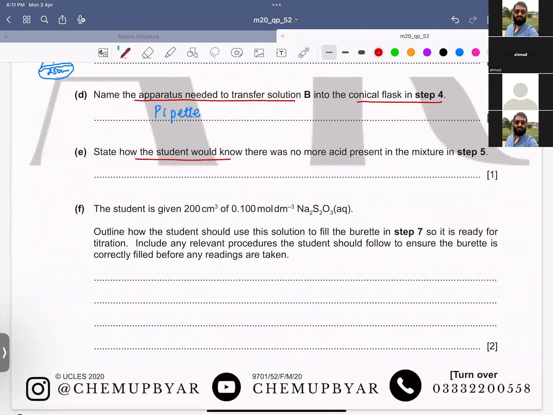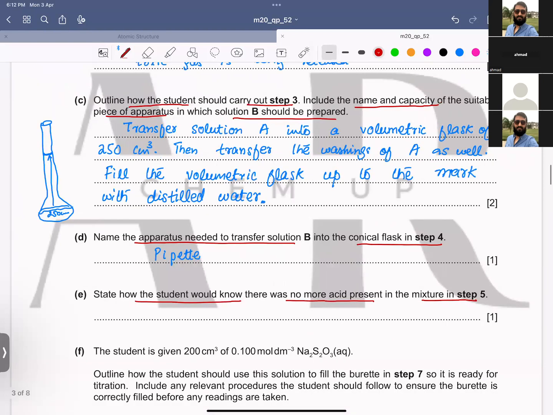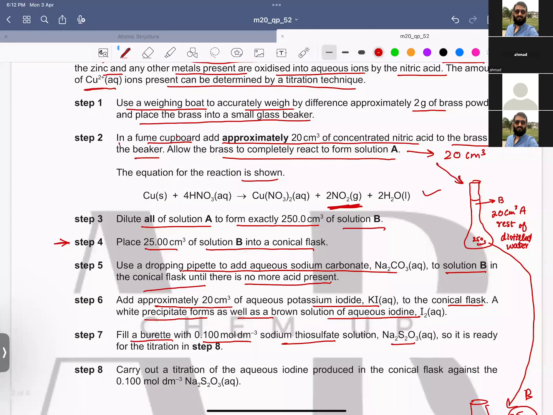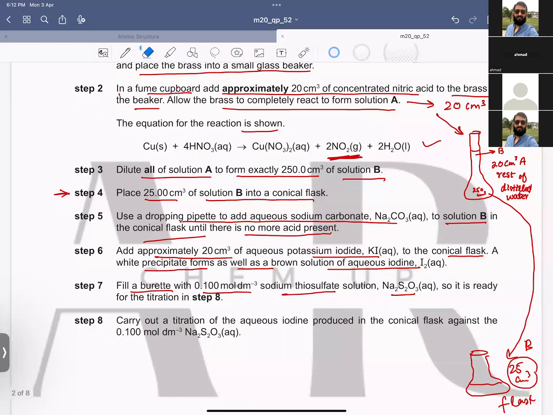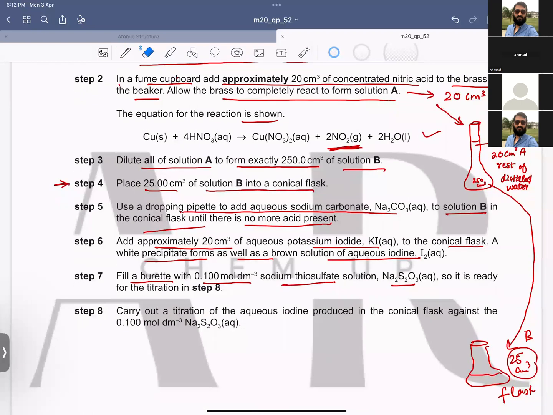State how the student would know there was no more acid present in the mixture in step 5. Yes, I have told you at that moment. Read this. How could you observe? When the bubbles of CO2 stop, no more effervescence. Sorry, one by one, please.